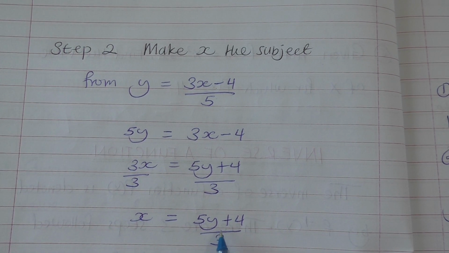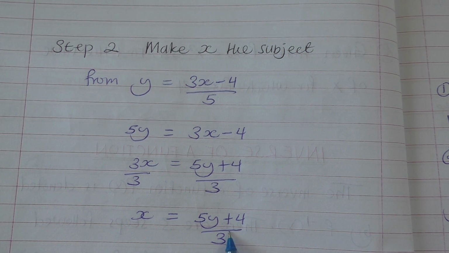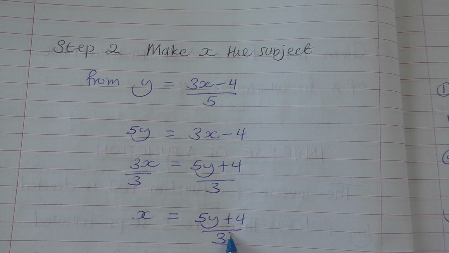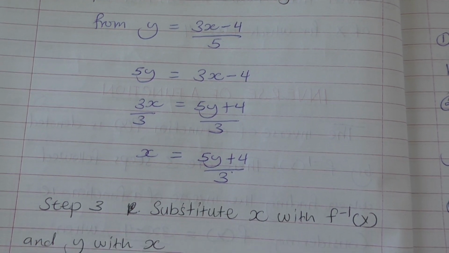So after making x the subject, remember there are 3 steps, we have so far seen 2. The first one was letting f(x) be y and substitute. Where there is f(x), you write y. Then you make x the subject. After that, we are going to the third and the final step.